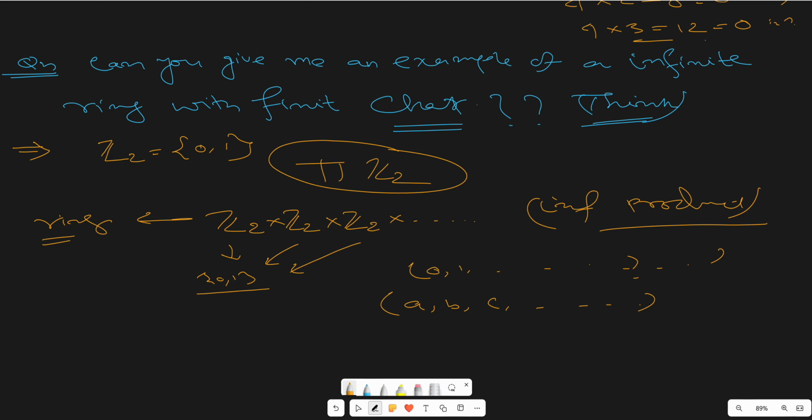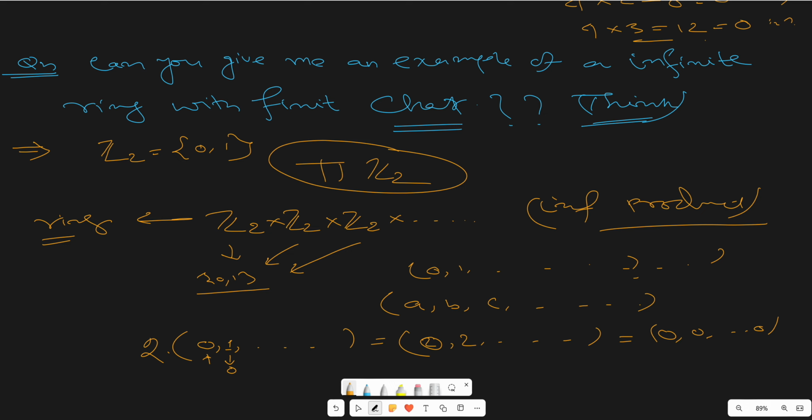If you multiply by 2, either it can be 0 or 1 in each position. If the entry is 0, then it is 0. If it is 1, then 2 multiplied by 1 is 2, and in Z2, 2 is 0, because dividing 2 by 2 gives remainder 0.